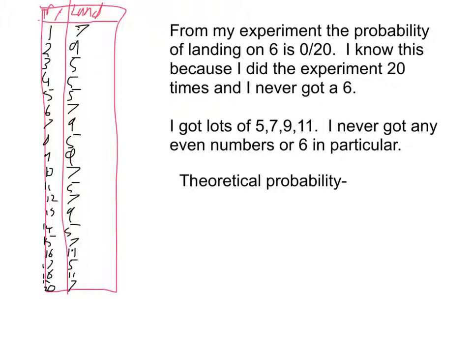Theoretical probability is the favorable outcomes over the number of possible outcomes. This is where I have to do a lot of investigating and exploring, because I need to figure out what is actually possible.